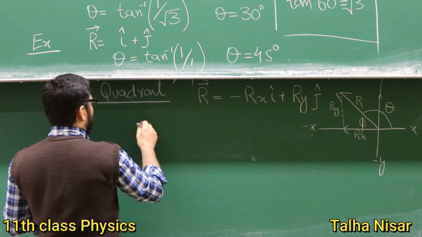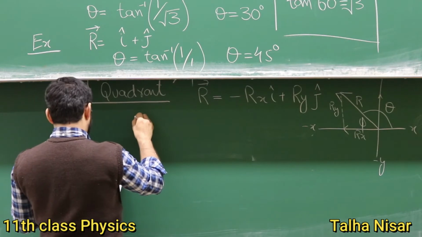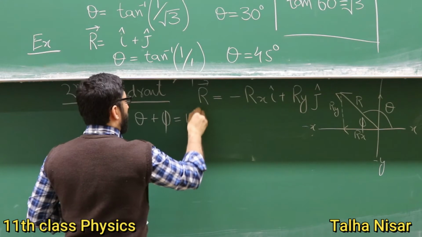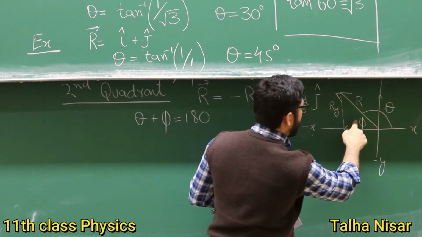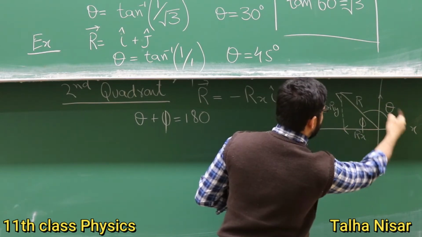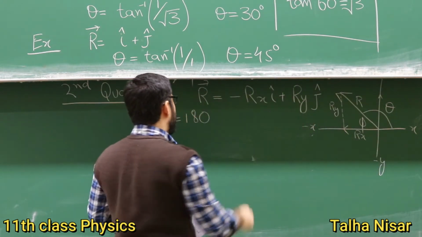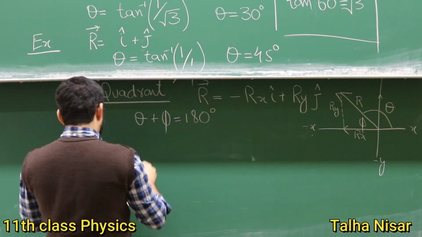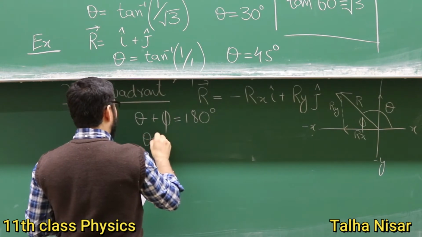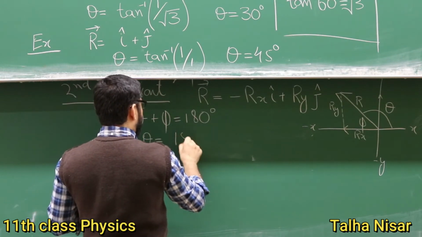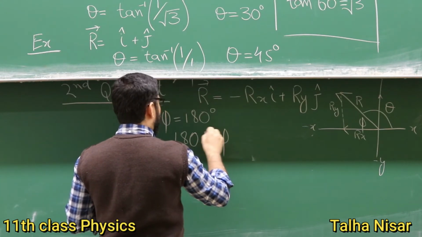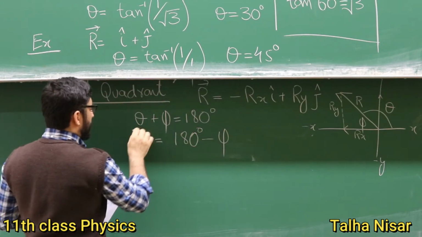We can see that theta plus phi is equal to 180 degrees, because it's a straight line. To get theta, we have to subtract phi from 180 degrees.